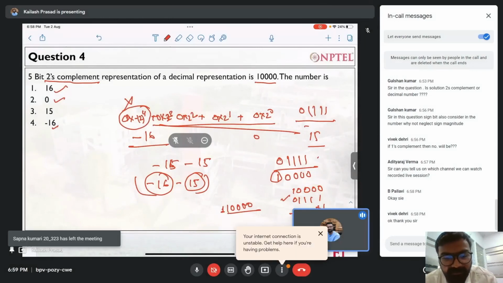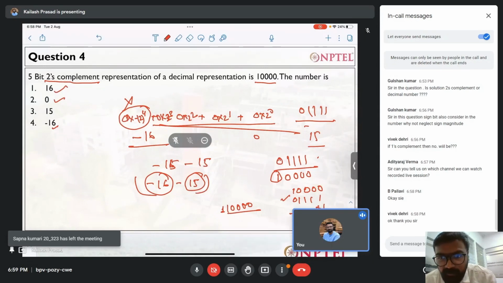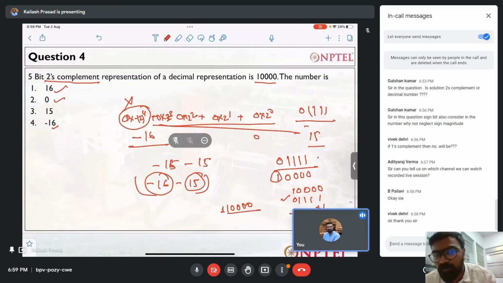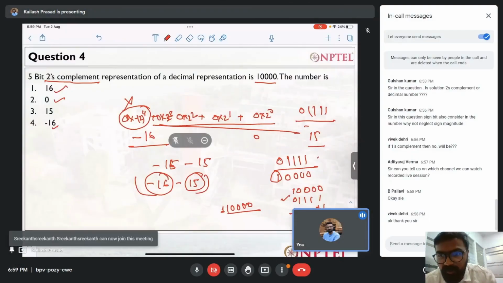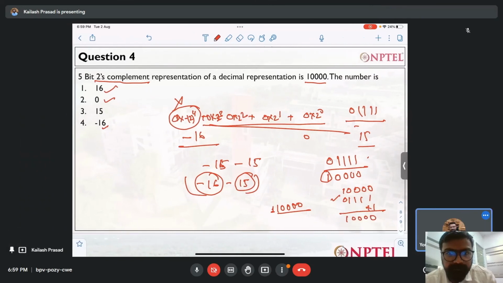It is like this. But for 2's complement, yes, the MSB value will be one of the things playing a crucial role, right? But it is not like that. You can have any kind of number, and the MSB will only decide the sign. The representation will have contribution from all the components.